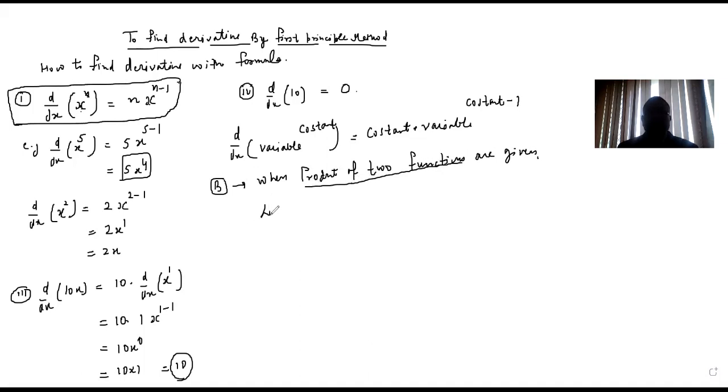Suppose let one function be u and second be v.